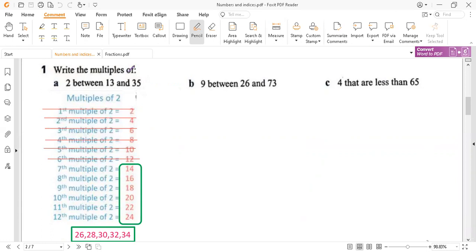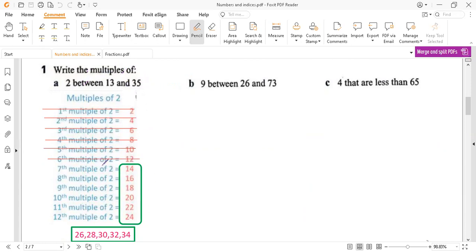So if they give us some restrictions, for example, to write the multiples of 2 between 13 and 35, we should give only the multiples between 13 and 35. We don't need any multiple of 2 less than 13 or any greater than 35.